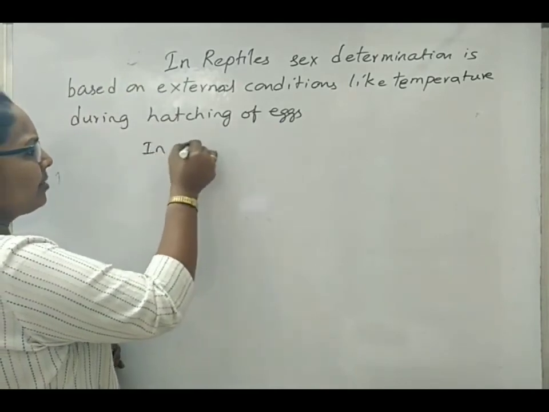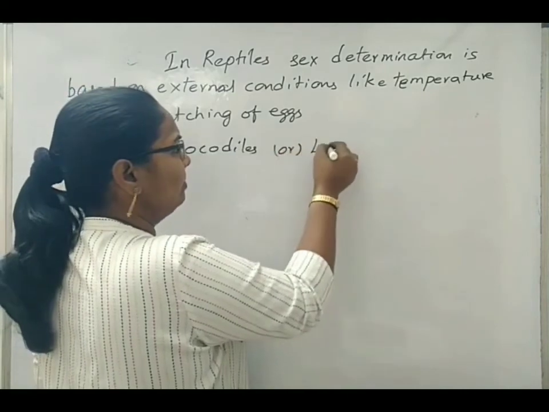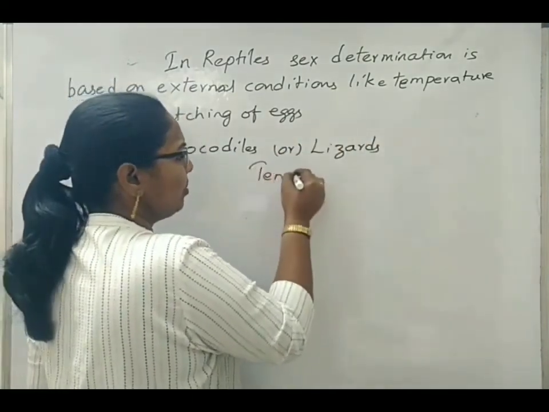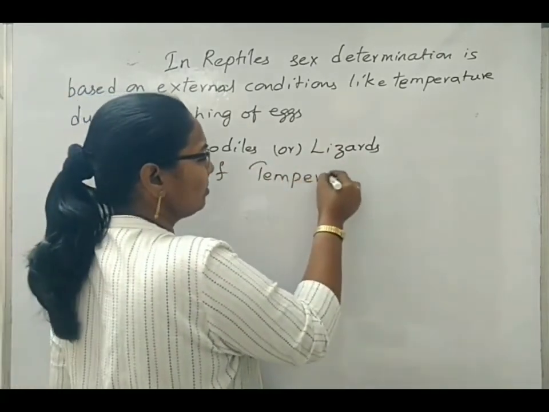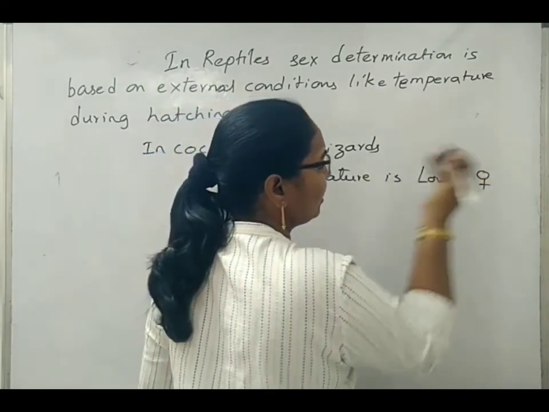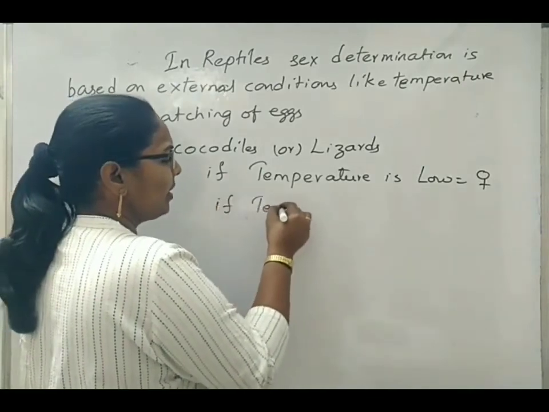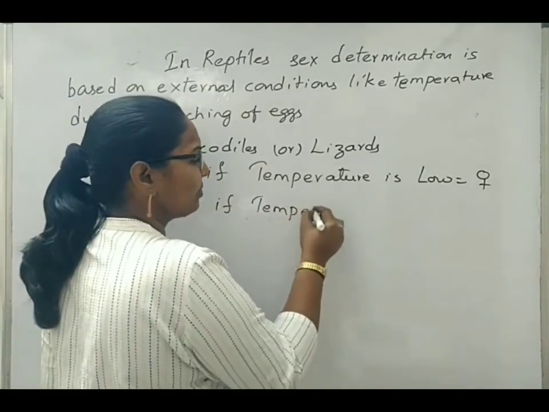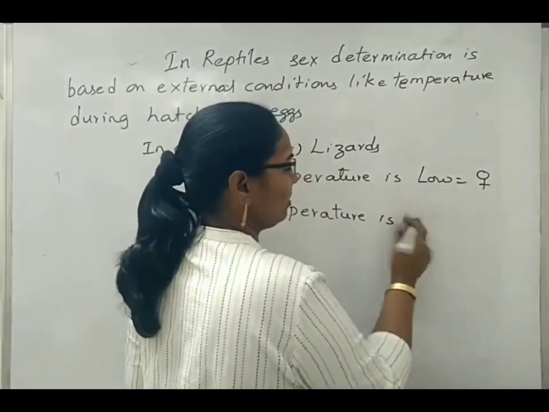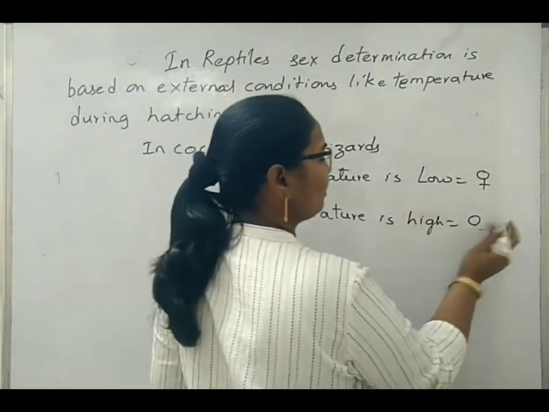So in crocodiles or lizards, if temperature is low, then the type of sex will be female crocodiles or female lizards. If temperature is high during the egg hatching time, then the type of sex will be male.